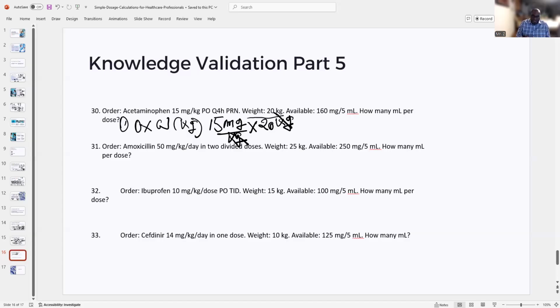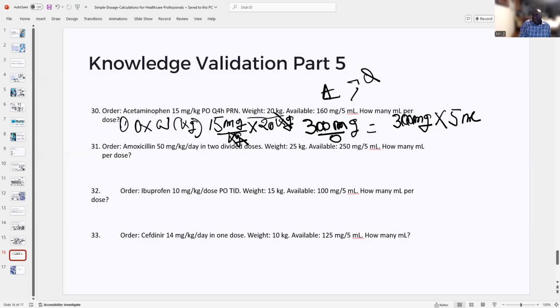Now you have 15 times 20. Your new order is now 300 milligrams. Now this is your new order, that one is your available, and that one is your quantity. So you will do now 300 milligrams multiplied by quantity, which is 5 ml, divided by 160.